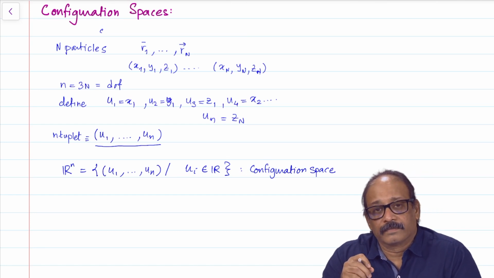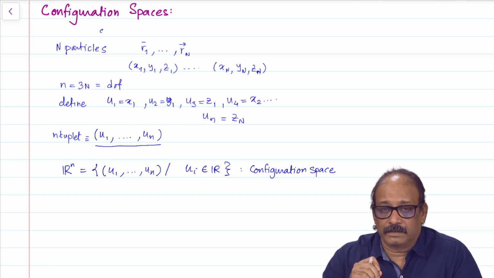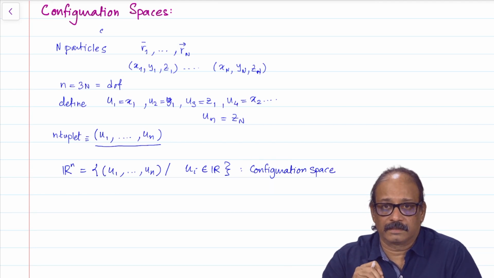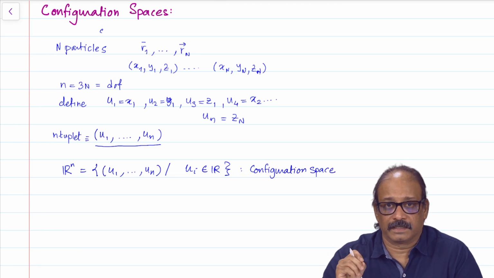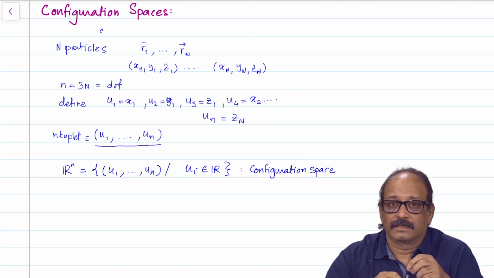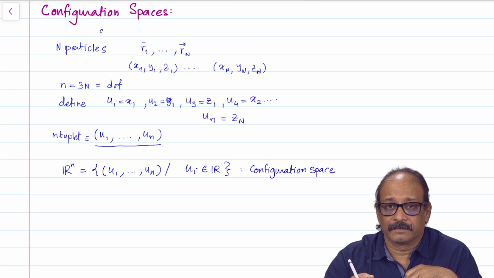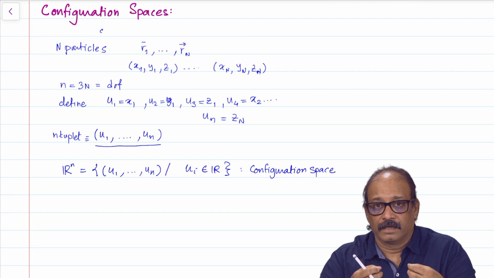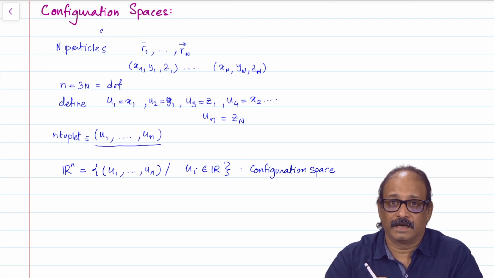And now look at it this way: a single point in this n dimensional space actually represents a configuration of the system. That means a single point there has the information about the locations of all the particles in your physical world. And as these particles move in the physical world, they would be tracing out their own trajectories. The point in the configuration space also moves and it will trace out one single trajectory.